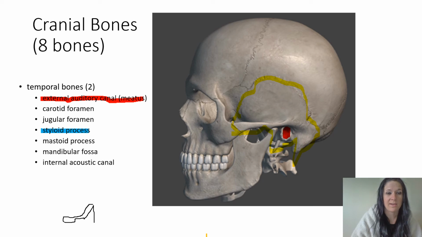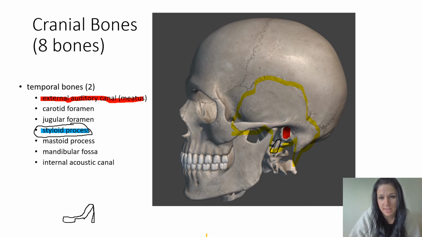This is my high heel, and here's the stiletto. So the really pointy process here off of our skull is the styloid process of the temporal bone. I highlighted it in blue, so let's highlight this in blue as well.